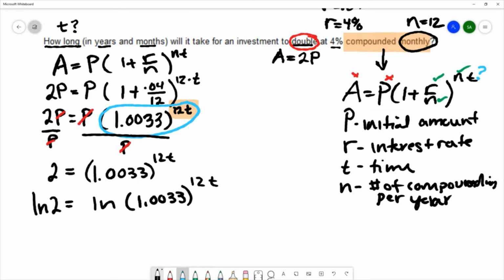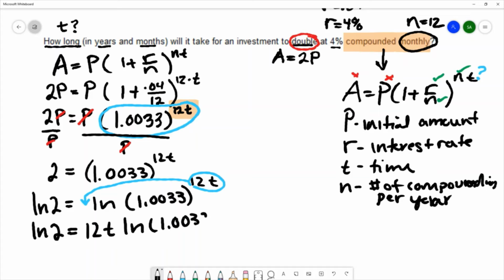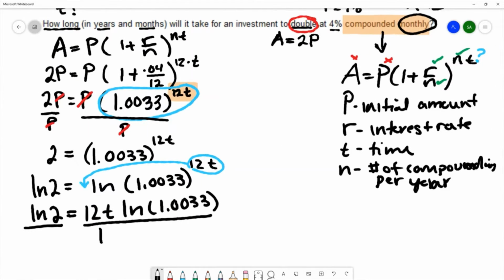And then I'm going to use the power rule, which allows me to take that exponent and move it to the coefficient. I have natural log of 2 equals 12t times natural log of 1.0033. And then I would divide both sides by everything except for t, so 12 natural log of 1.0033.